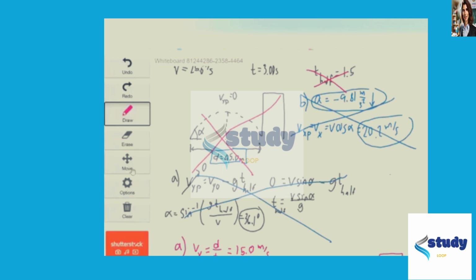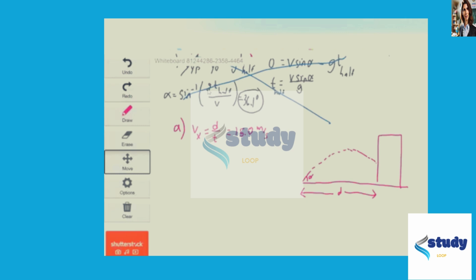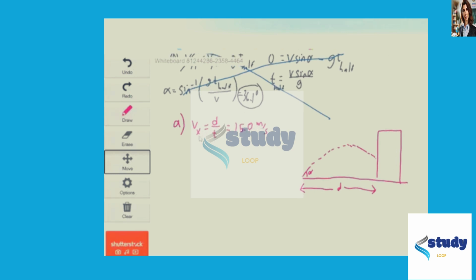So all I really know is V and T. Okay, so let's keep going. I know V, and I know T. Well, wait a minute. If I know V and I know Vx, then Vy is going to be the square root of V squared minus Vx squared. Okay, let's do that.